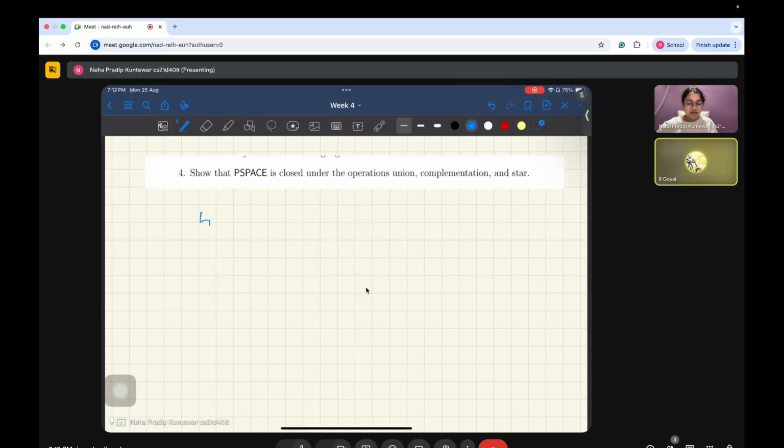How can we ensure this? If L1 is in PSPACE, then L1 squared would also be in PSPACE, and similarly L1 cubed, because we can reuse the space. That is going to be the main idea.